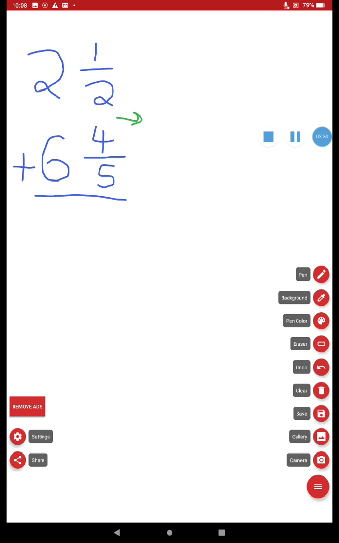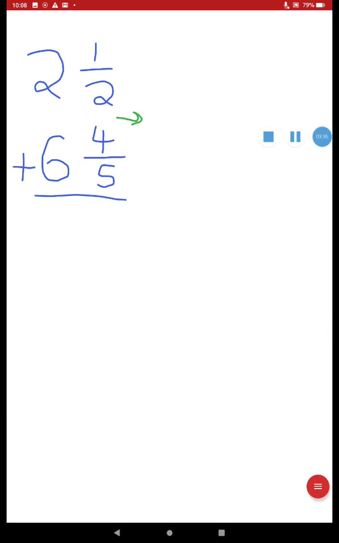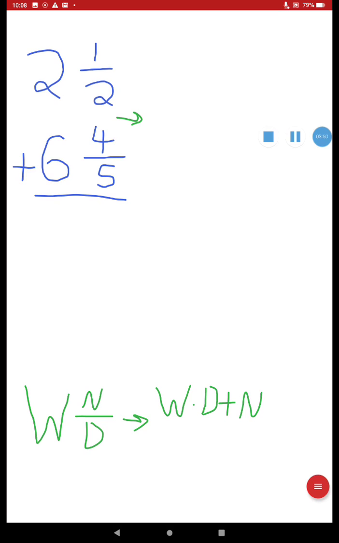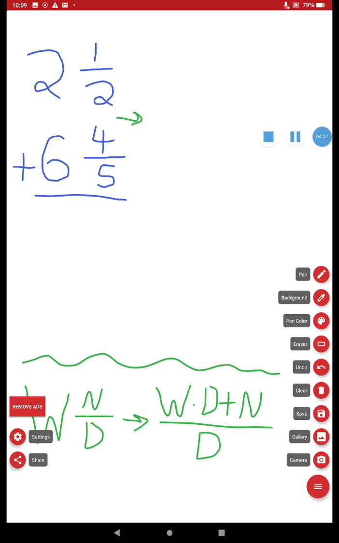So I can use this little diagram down here to remind me. Whole number, numerator over the denominator, equals a whole number times the denominator plus the numerator over the denominator. Remember, I told you to write that on a sticky note or on the inside of a cereal box and tack that to the wall. Keep that with your math stuff because we're going to need that over and over again.